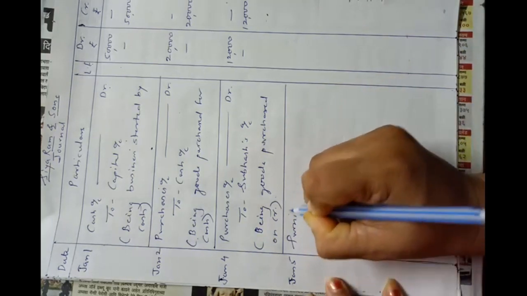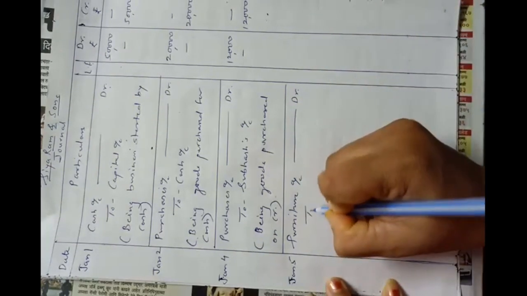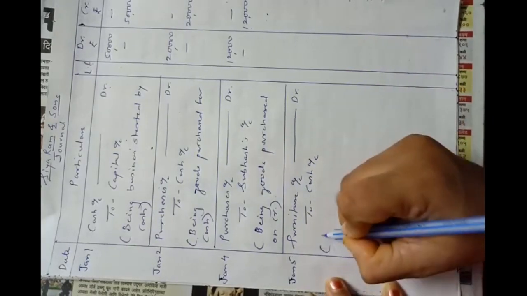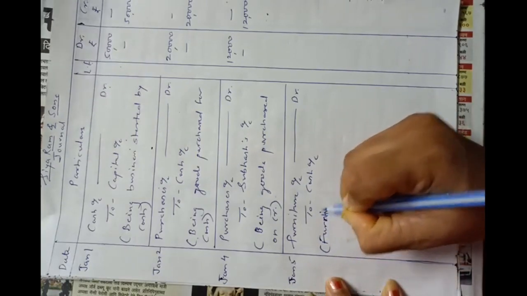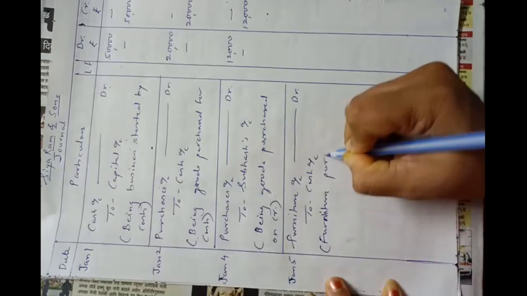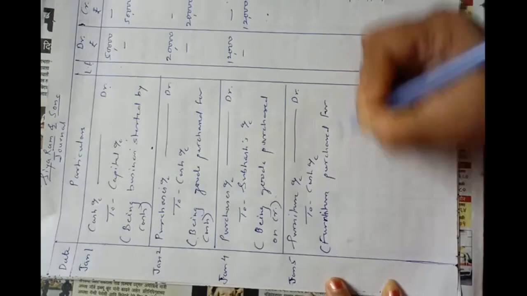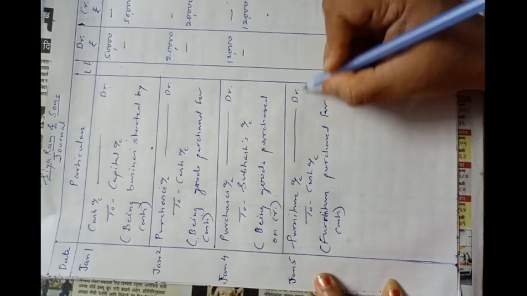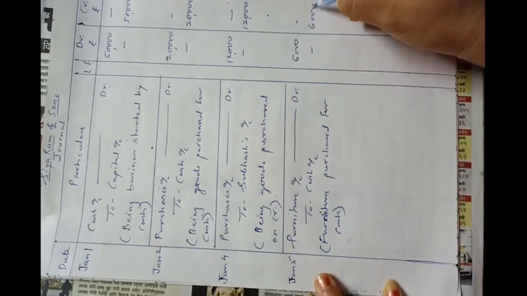So furniture account debit to cash account. Furniture purchased for cash. Furniture account will be debited by rupees 6,000 and cash account will be credited by rupees 6,000.